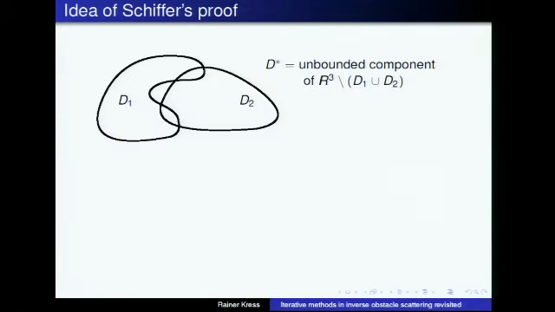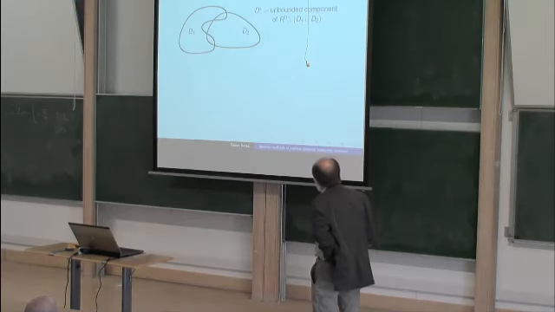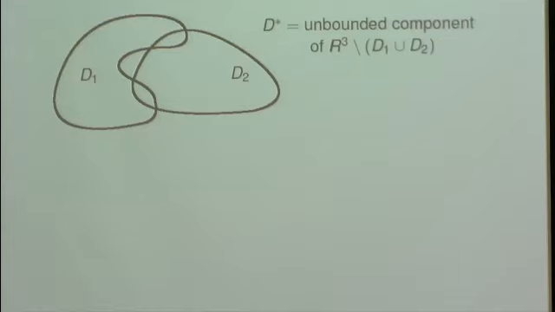The idea of Schiffer's proof is we assume that we have two different objects, D1 and D2, which give rise to the same far-field pattern. And then we look at the unbounded component of the complement of the union of D1 and D2.